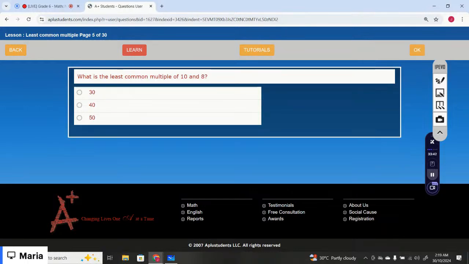What is the least common multiple of 10 and 8? Which is the correct option?